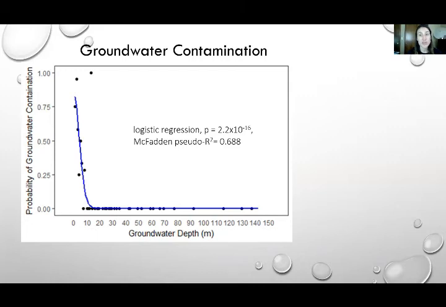And this regression line, as I said, was created by using the regression model equation that we generated, and then back calculating using that equation I showed in the previous slide. You can see the regression line really does a great job of predicting the probability for groundwater contamination. It fits the observed data very closely.